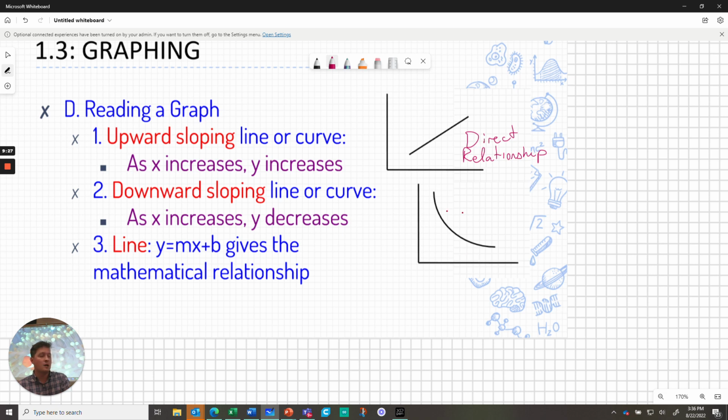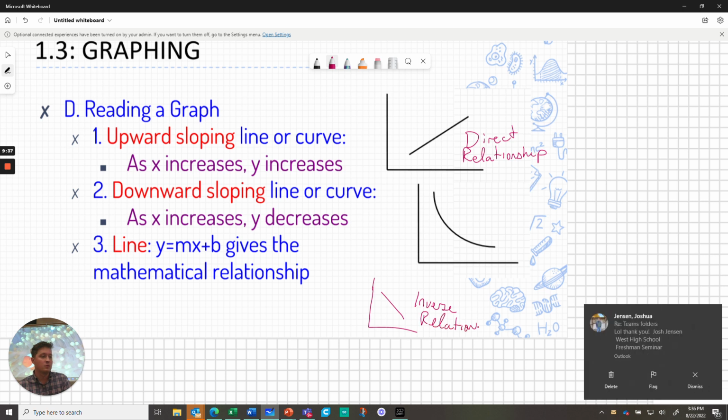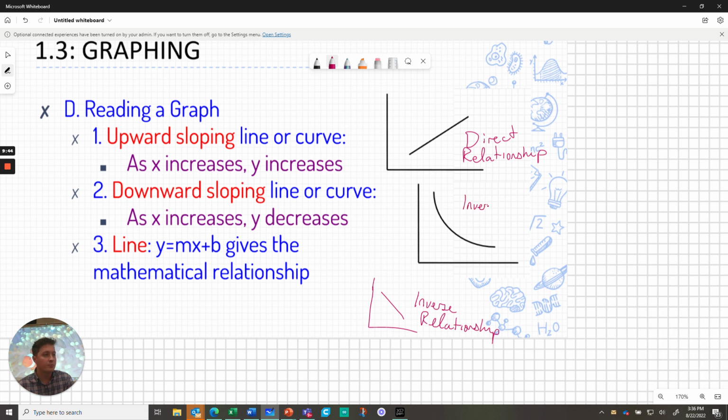You could call this an inverse as well, but generally you'd want to also say it's like an inverse exponential or something, whatever. You won't see that very often in this class because we're algebra based. We're not getting into that sort of upper level math, so don't worry about it.